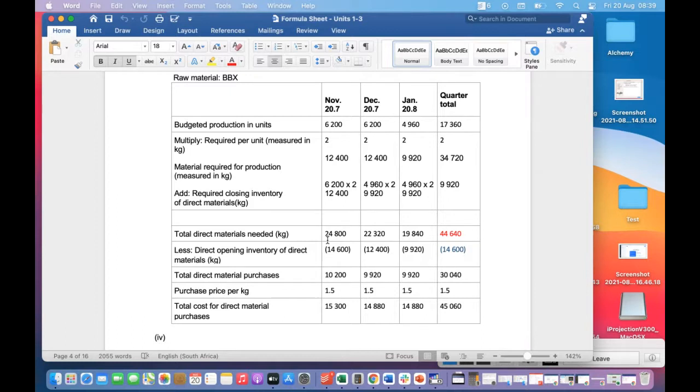When I was thinking just now, I was thinking that the opening inventory for units completed should be the same as the opening inventory for materials, and it's not necessary, because remember, raw materials, this is just scattered stuff that we are yet to actually produce. And then when it comes to the production budget, we're talking about things that are actually produced, completed units. So this information will be given to you to say you opened with 14,600 kgs of raw material. Does that make sense? So you plug that in there.